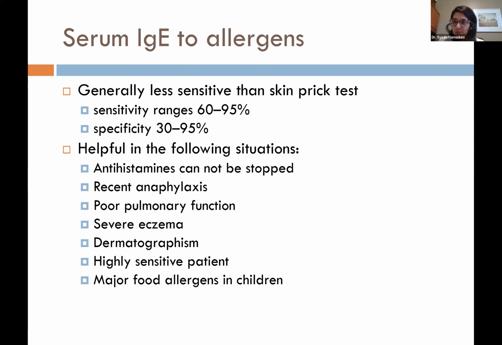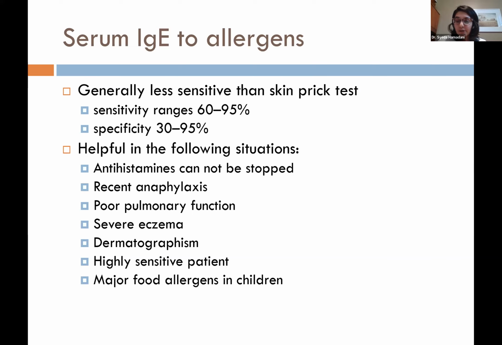So if I see a patient with anaphylaxis and I want to do skin testing, generally I have them come back in a month or month and a half to do skin testing, so they've had enough time since their last reaction where the skin test is going to be reliable. But if we're not able to do that for whatever reason, this is an option as well.